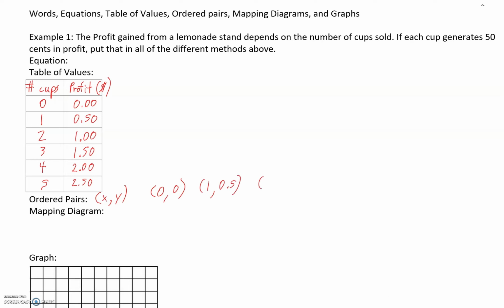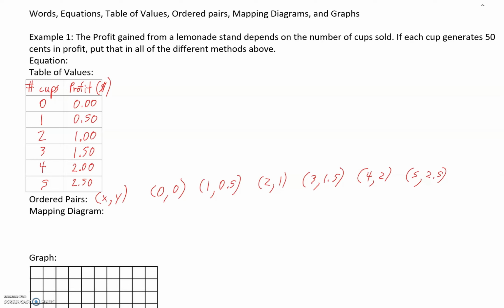But feel free to write it in such a way that the dollar amounts make sense or look good. All right, that is all of the different items in our table of values.